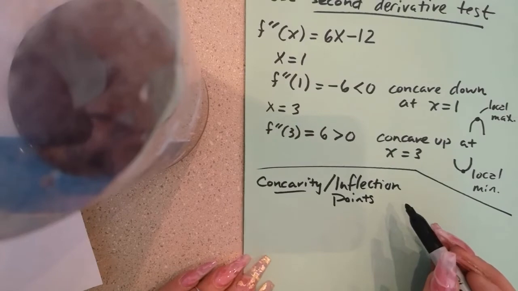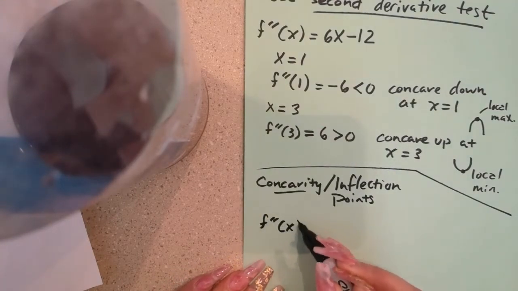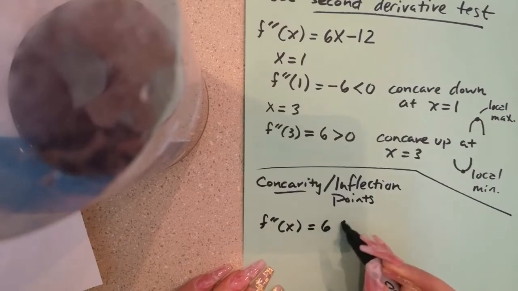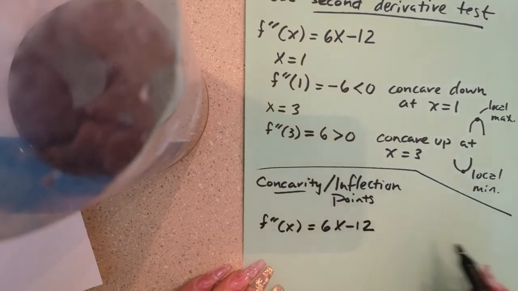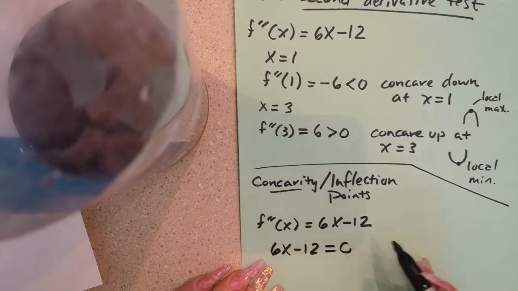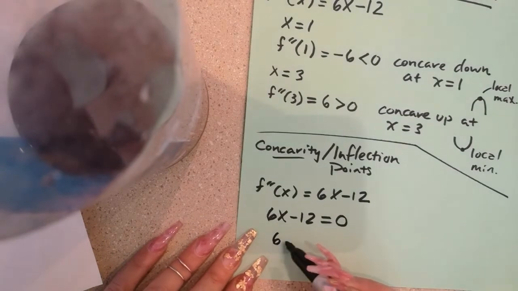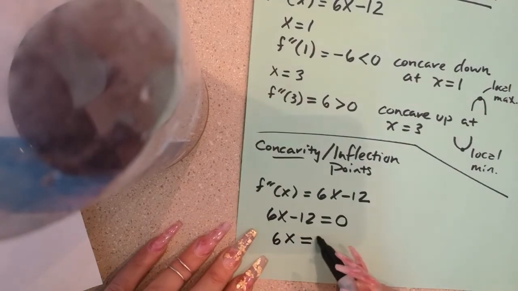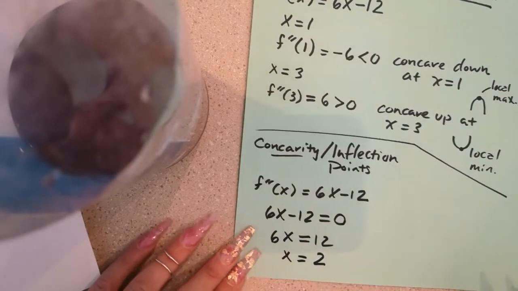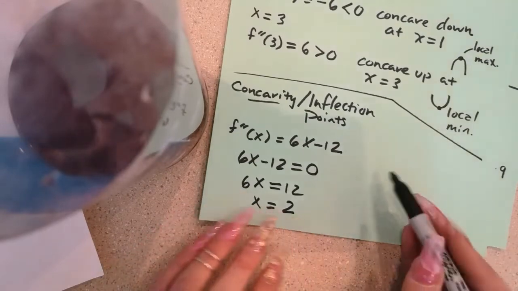So my second derivative is 6x minus 12. So where would 6x minus 12 be 0? Well, that would be at what? x equals 2. So there is my potential inflection point.